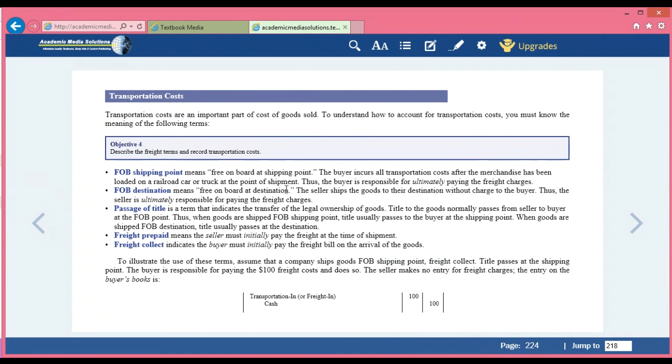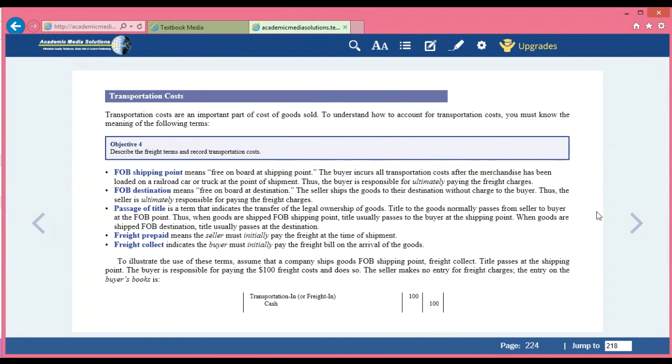In this case, the shipper ships the goods without charge to the buyer. The seller is ultimately responsible for paying the freight charges. That means the seller is paying for shipping. It belongs to them in transit. They are paying for the insurance, etc. Right, so those are the two.